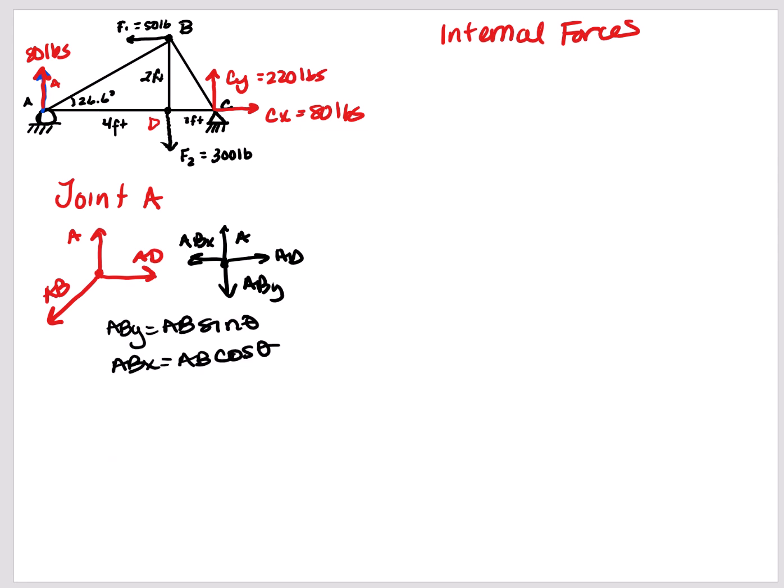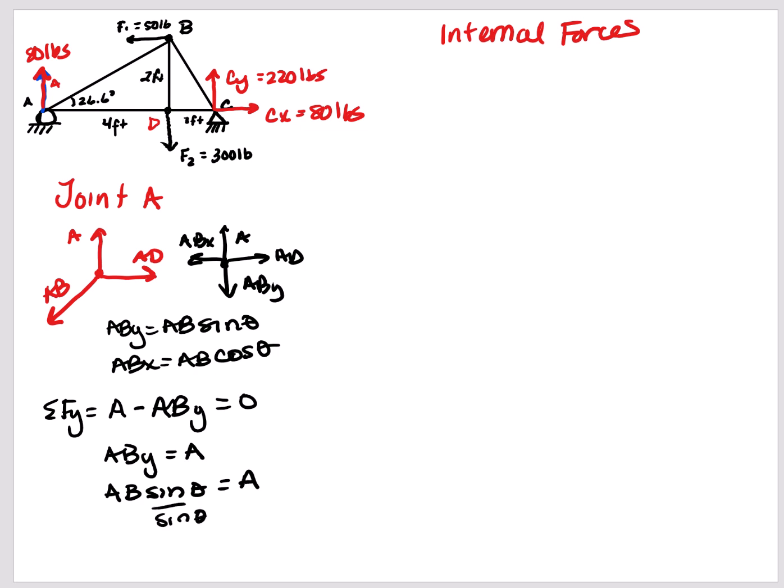Sum of Fy and sum of Fx. So sum of Fy is going to be all the vectors in the y direction. A goes up, so I'm going to make that positive. It is opposed by ABY because it's going in the negative direction. This is equal to 0. So ABY is equal to A, and we know that ABY, after we resolve the components, is AB sine theta, which is equal to A, and we're going to divide both sides by sine theta.